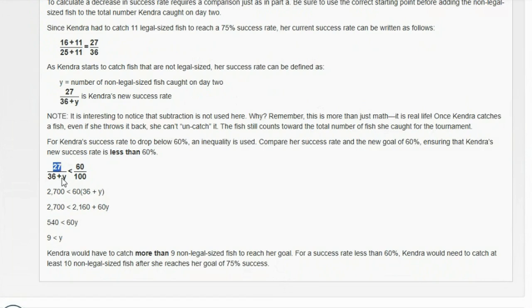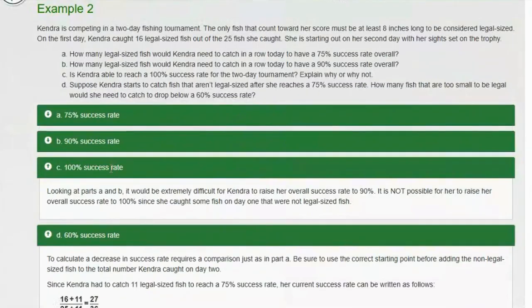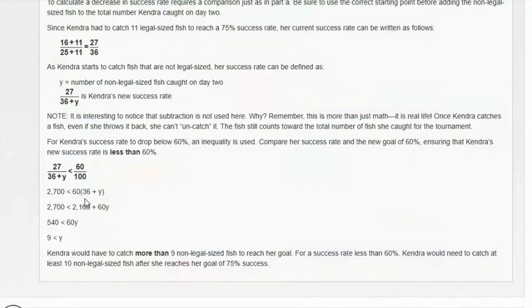So they do the calculations there with just taking the Y off the legal size because she's already higher than 60%. And that'll let you know that 9 more would bring her rate down. Less than. Oh, that's just less than. It's not even at 60%. Drop below, so that's a less than, because you didn't want to be 60%. Anything below 60% is fine.